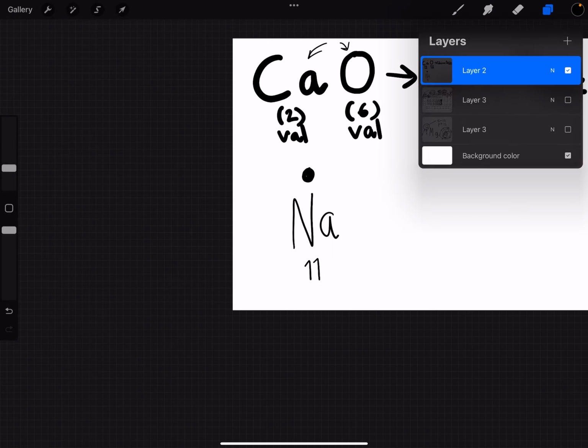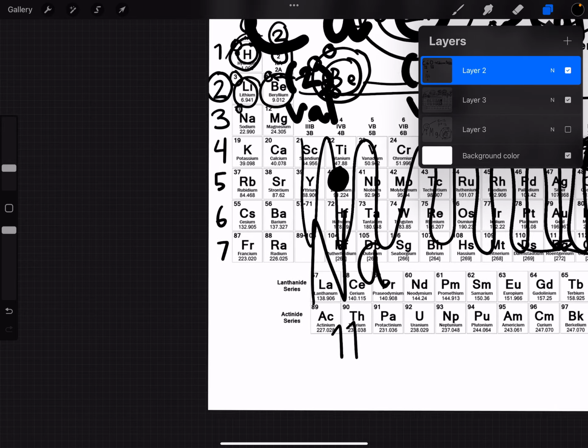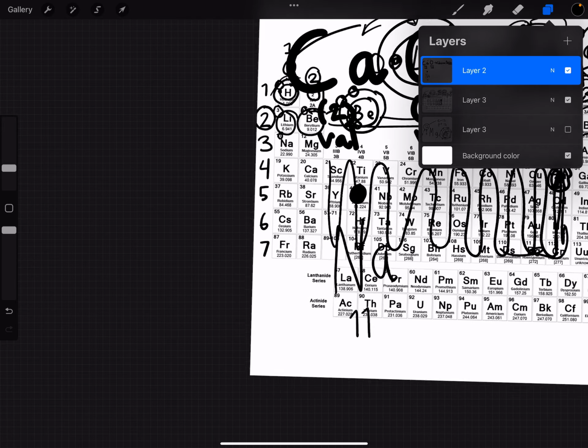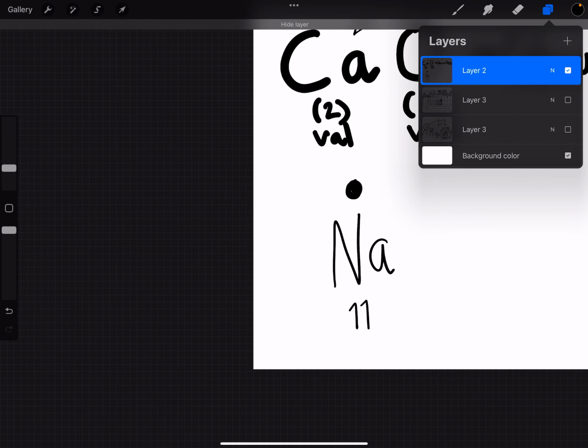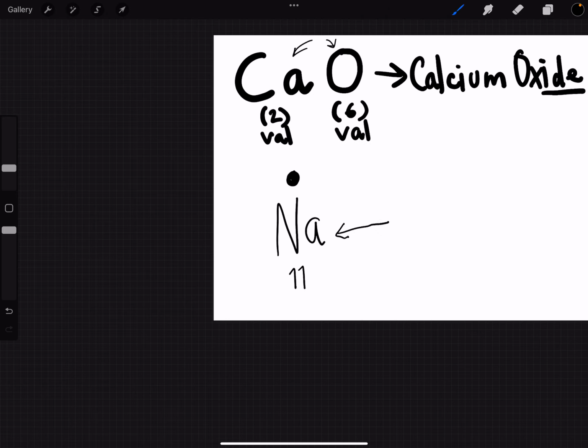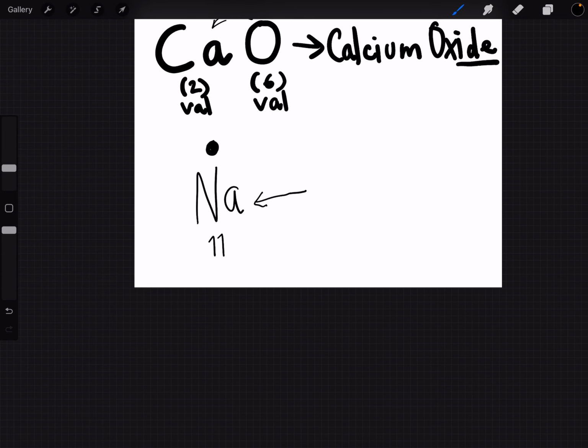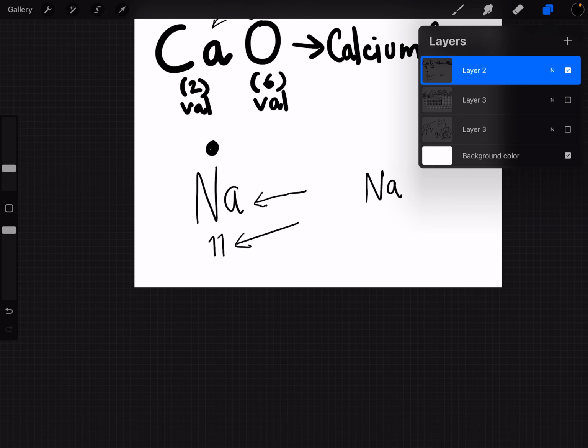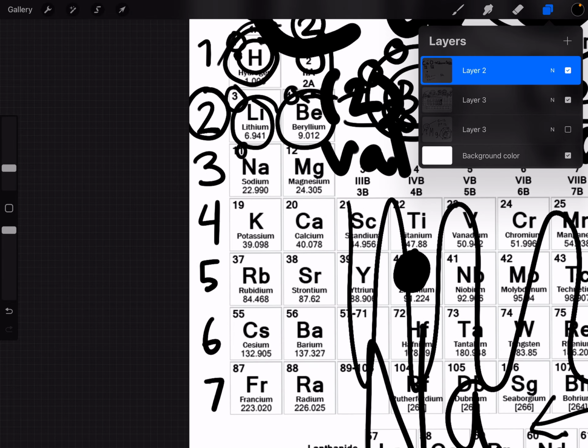So, in order, it's like, what charge would this have if it was happy? In order to make this happy, first you'll make a model. So, Na. Check what row Na is in, so it's in 3.